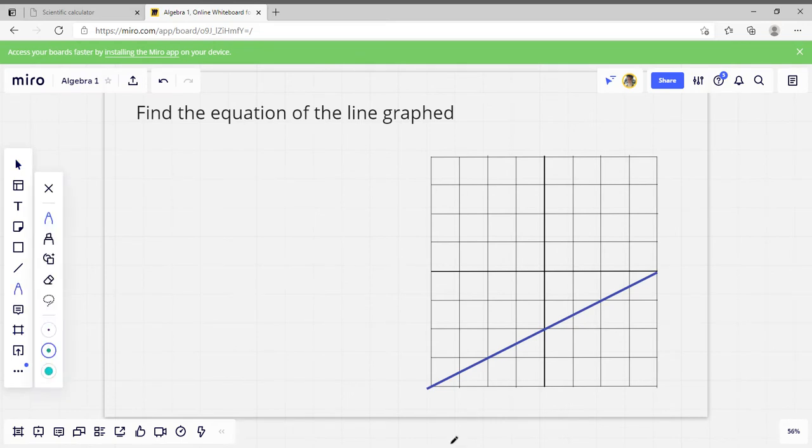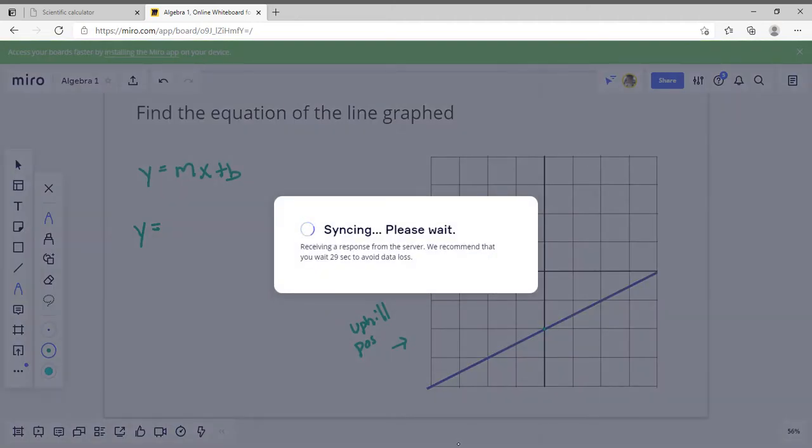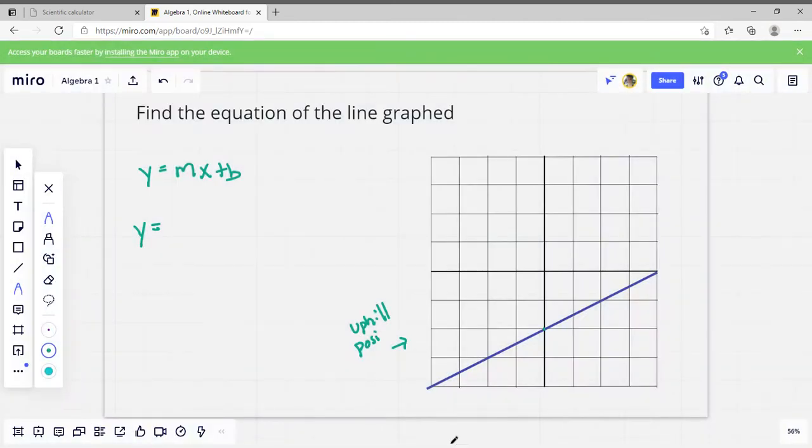Alright, so we're going to write y equals mx plus b. Then we're going to write y equals m is what we need to find first. So this one's going uphill, so it's going to be positive. Sorry about that.